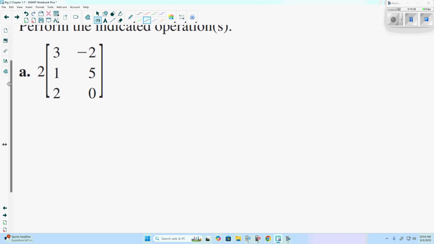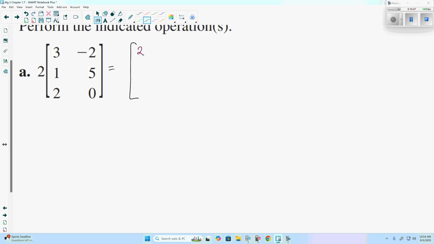So if we look at this here, the scalar for this is 2. So we're going to be scaling all this up by a factor of 2. Every element in this matrix is going to be multiplied by 2.